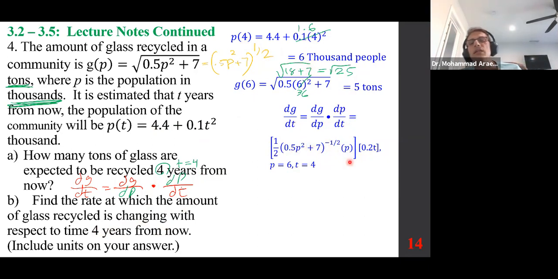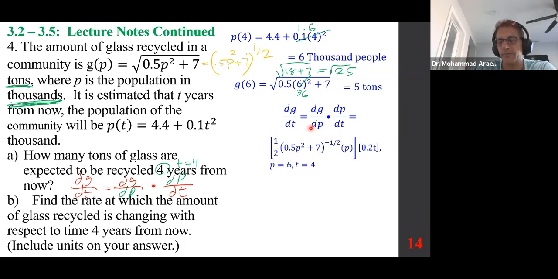That makes it a lot easier, class. By the way, we have already calculated this part, class. 18 plus 7 square root. This part is really 25, and the square root of it is 5. So this really becomes 1/5.